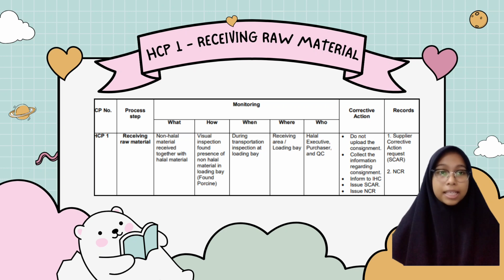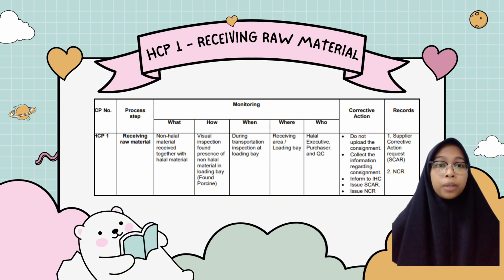And here, as you can see, this is the halal risk management plan summary for our company. The halal control point involved in the process is halal control point number 1. The process involved is the receiving raw material process. The parameter involved in this process is non-halal material received together with halal material.